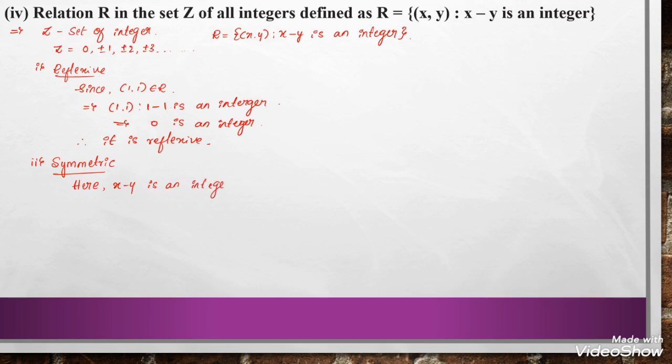I will take minus as common from this. By taking minus as common, y minus x is an integer.